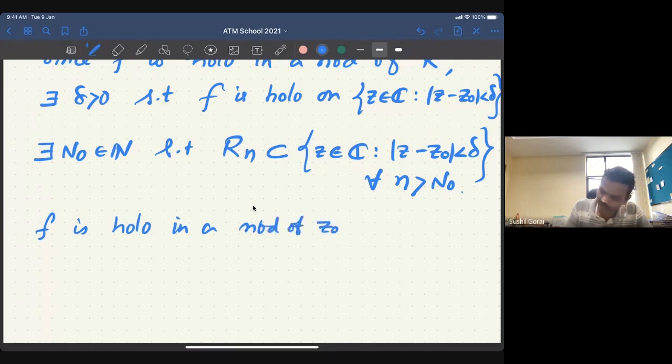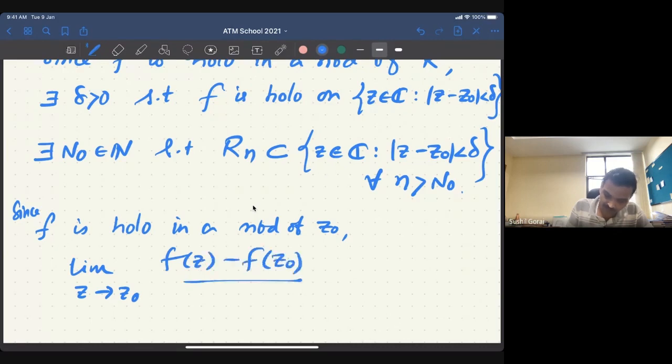In particular, this limit as z tends to z0 of (f(z) minus f(z0)) by (z minus z0) exists, and this is f prime z0.